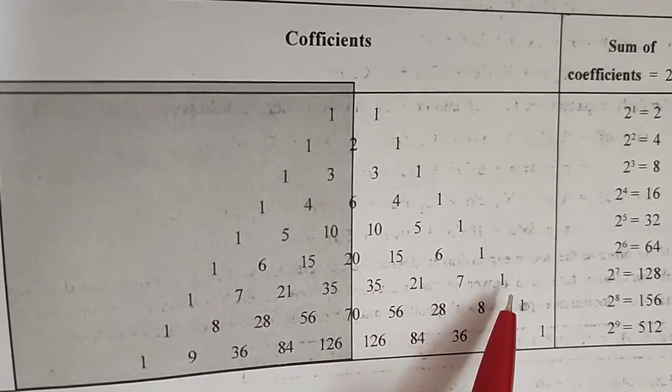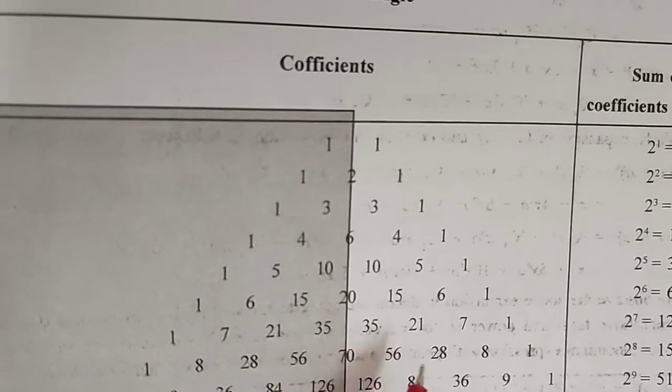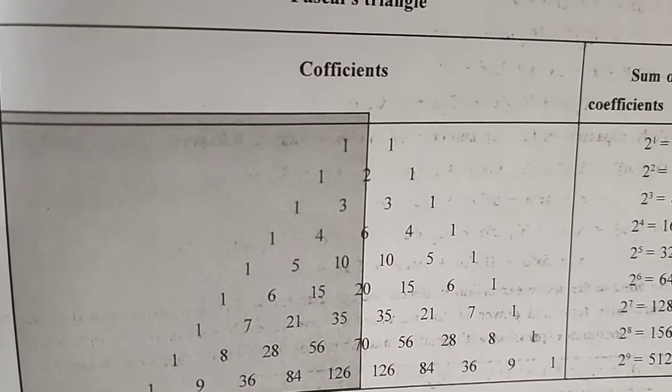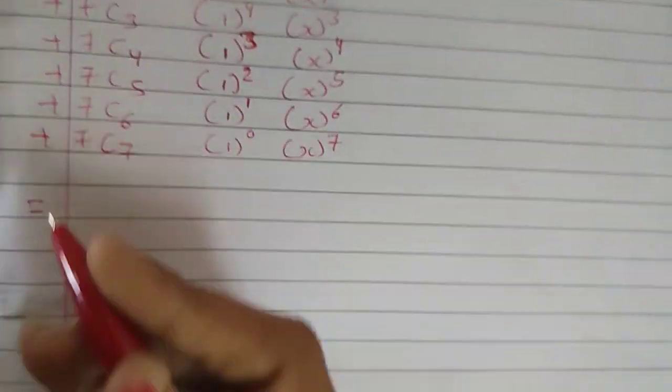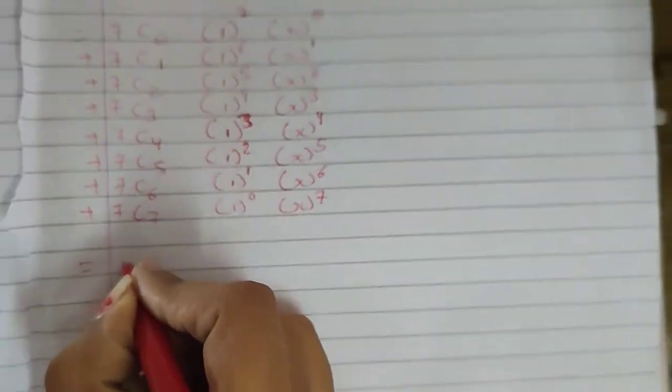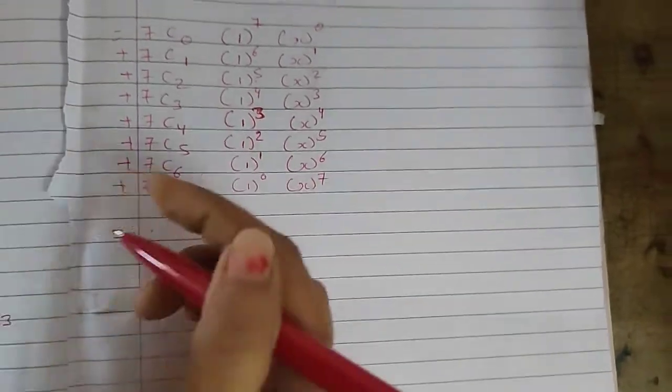So that I can directly write down without calculation, right? Now here this n is 7, so the values I know, so I'll write down directly.